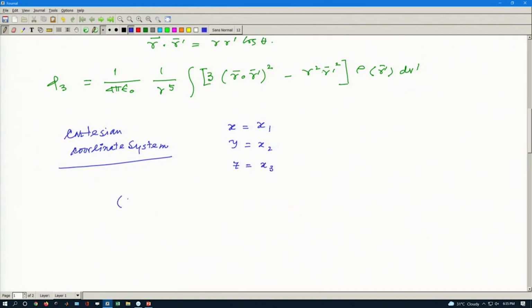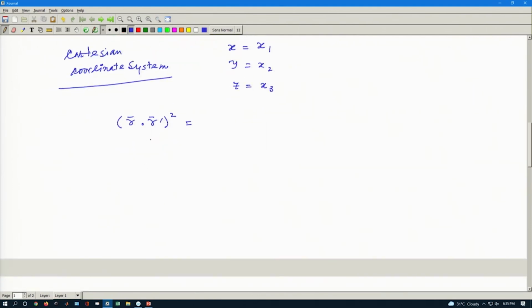So what should I write for r dot r prime in terms of x, y, z? If I look carefully, r dot r prime is simply x_i x_i prime, because dot, this is the way we write, and square of that.